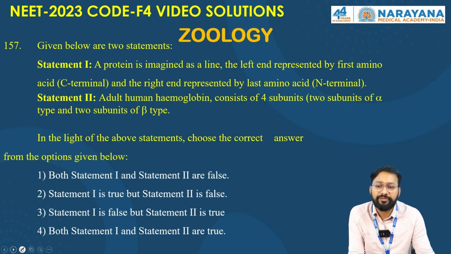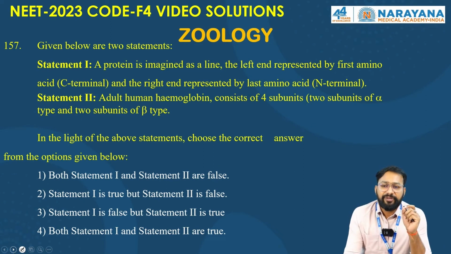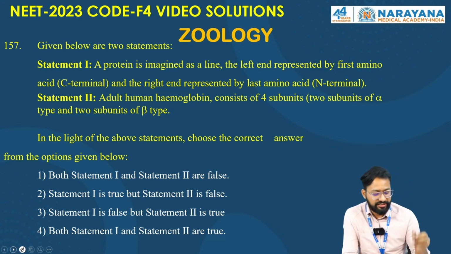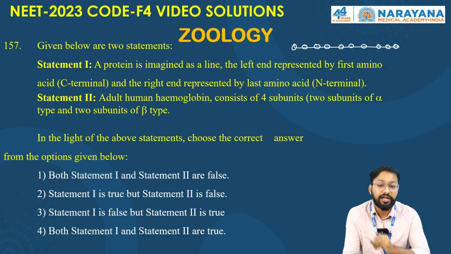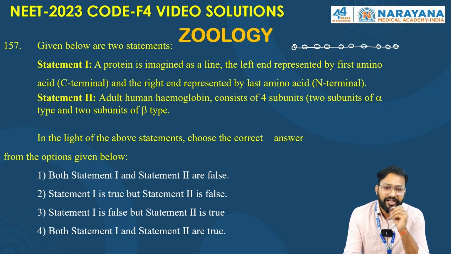Over here it is a statement type of question. Statement 1. A protein is imagined as a line. Right? The left hand end represents the first amino acid. Always if you see in case of any protein, it consists of an amino acid chain connected with the help of peptide bonds.